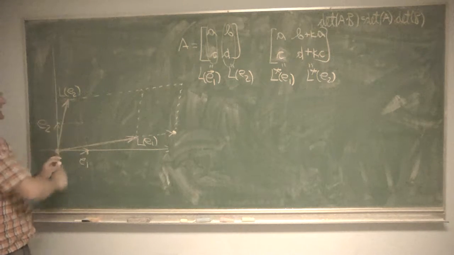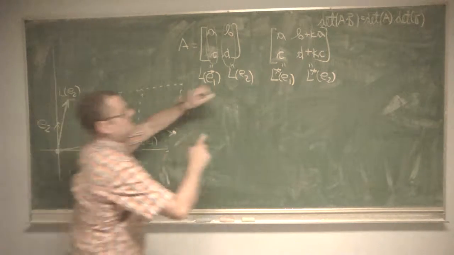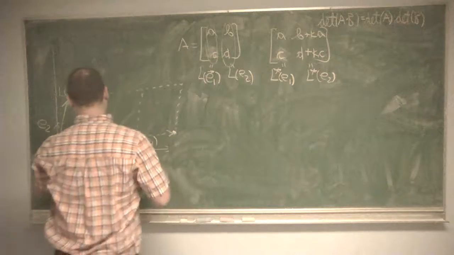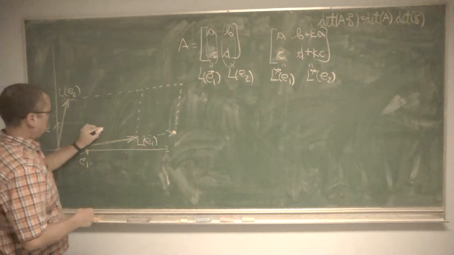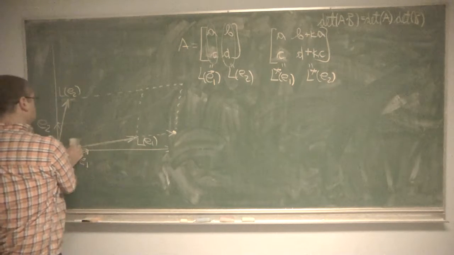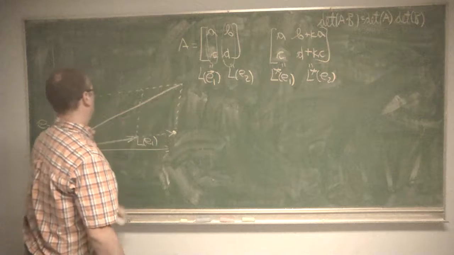That's this one. And so when I add them, so that's adding this vector with this vector, I get the sum. Oops. The sum is this vector. Okay.